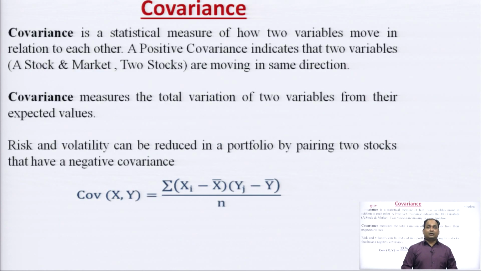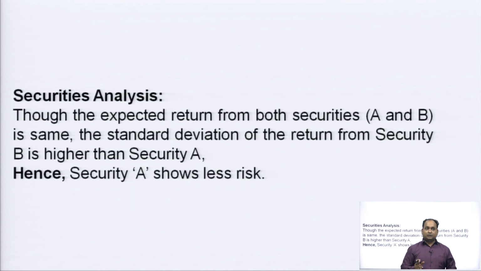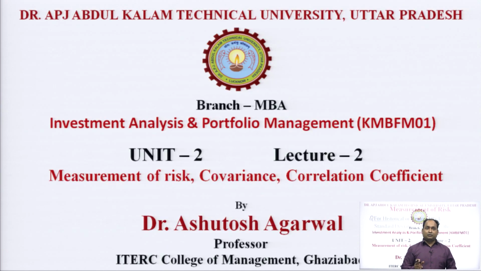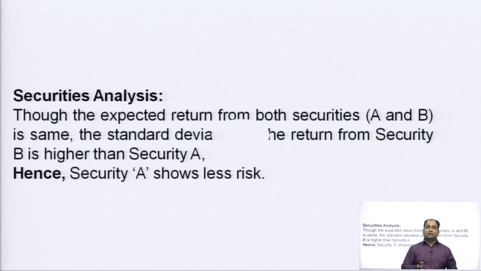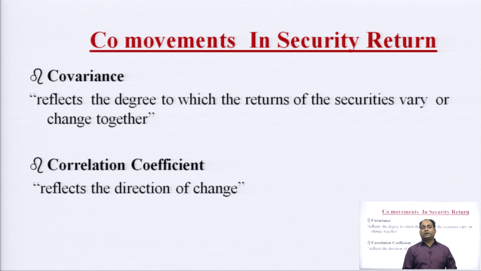So, these were the three methods which we have discussed. First was the standard deviation, second was the covariance, and third is the correlation coefficient. These are the measurement of risk under unsystematic risk profiling.